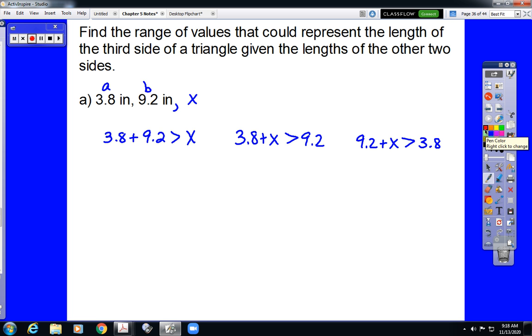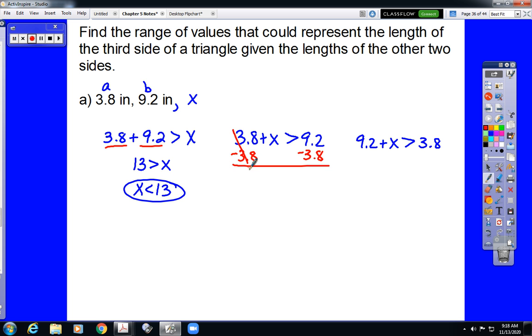On the first one, again, all we're going to do is combine like terms. 3.8 plus 9.2 is 13, is greater than x, which means that x has to be less than 13. Subtract 3.8 from each side. Gives us that x is greater than 5.4.